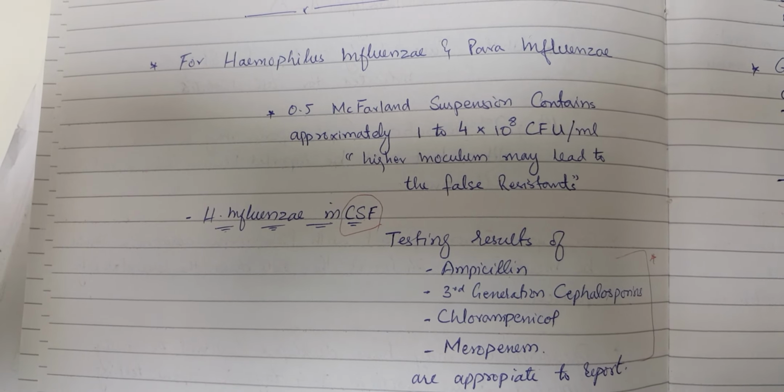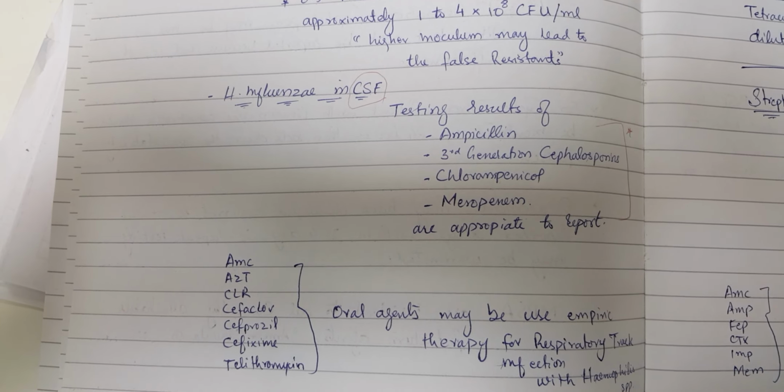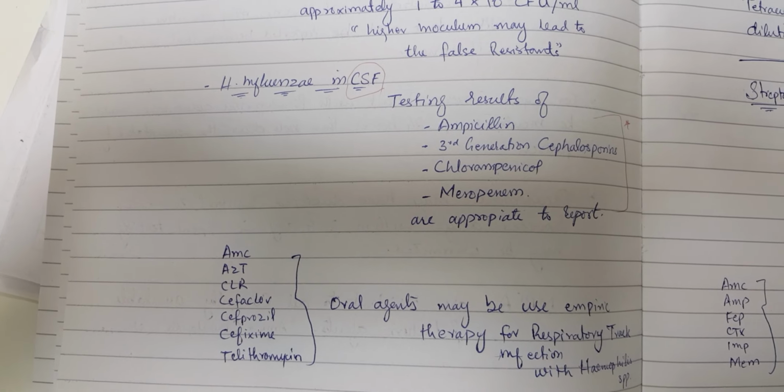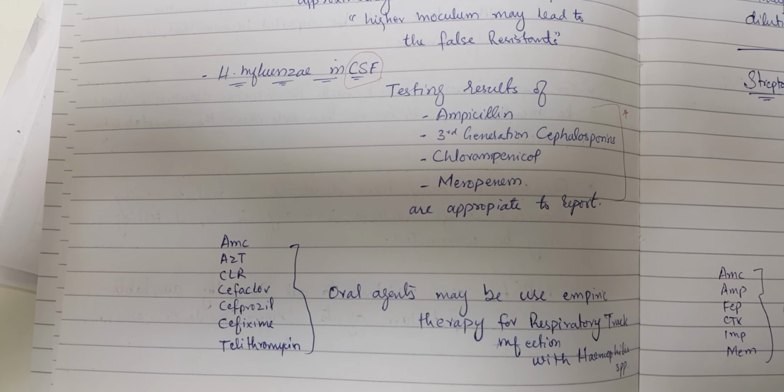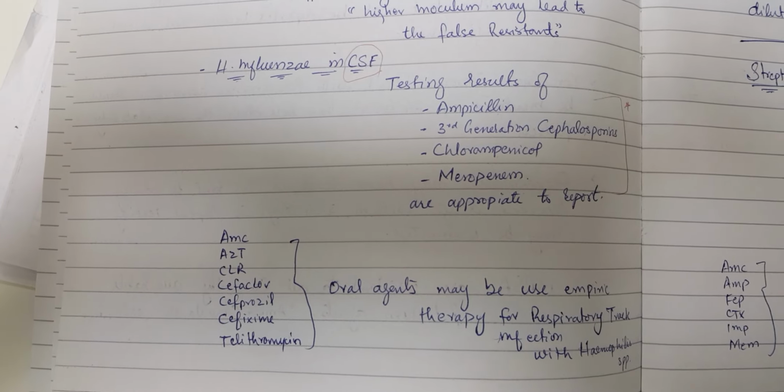Augmentin, azithromycin, cefaclor, cefprozole, and cefixime, and trimethoprim-sulfamethoxazole or erythromycin oral agents may be used for empiric therapy for respiratory tract infection with Haemophilus species.